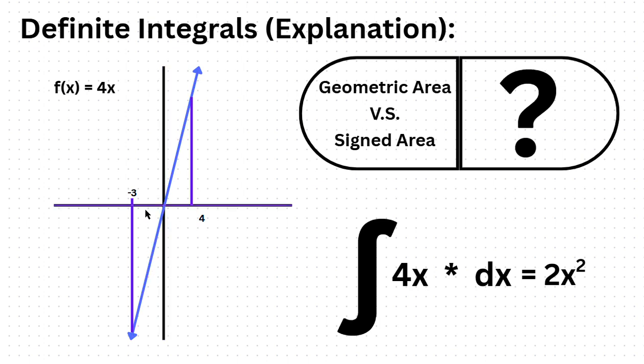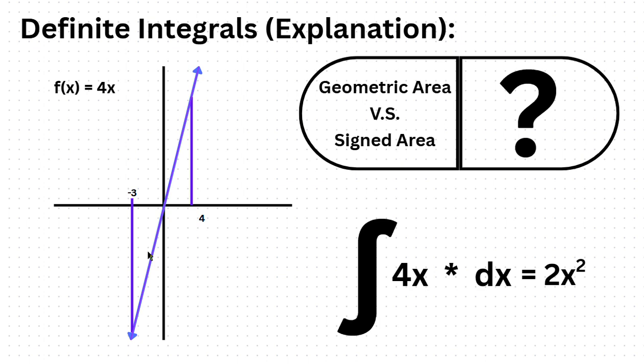I would take 4x delta x, 4x delta x, 4x delta x, and that's the area that accumulates, from -3 to 0, and then from 0 to 4. From 0 to 4 there must be more positive area, and from -3 to 0 there must be less negative area, so the result will end up being positive.